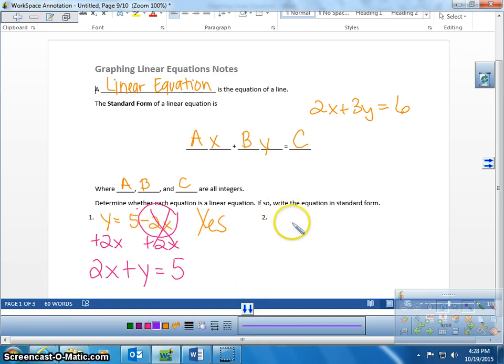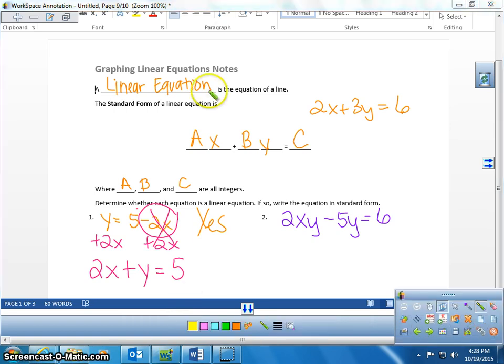The next example is 2xy minus 5y is equal to 6. Ask yourself, how is this different than one of these? Well, if you notice, this part right here, we have 2xy.